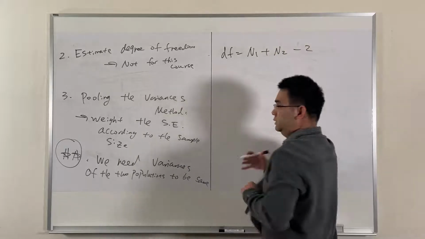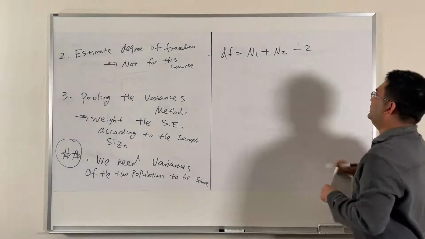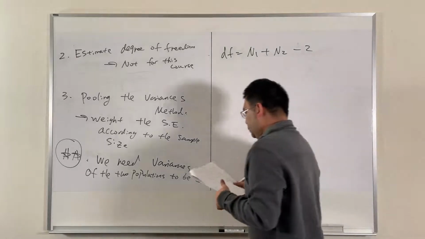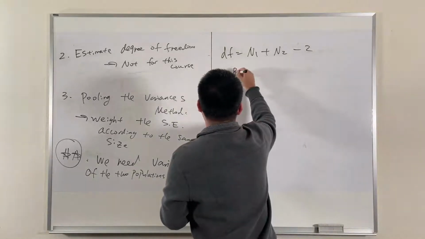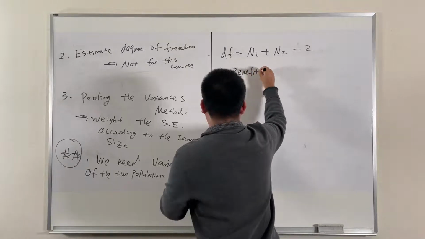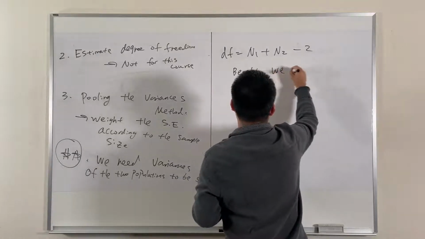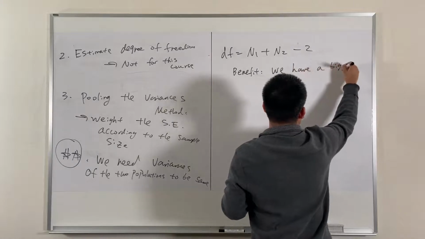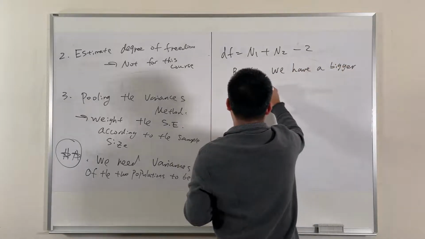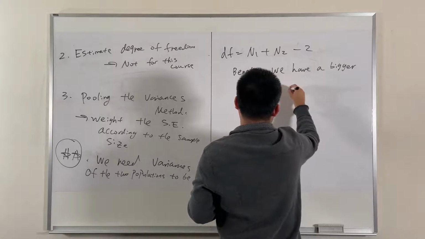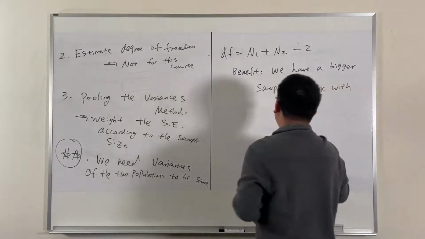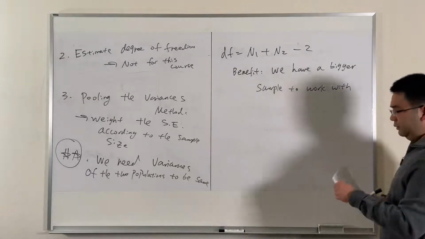You're going to sum up the two sample sizes and subtract 2. And what's the benefit of this? The benefit is we'll have a bigger sample to work with. This is the benefit of pooling the variances.